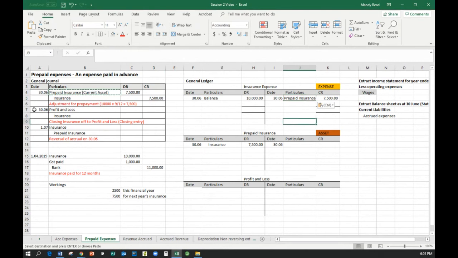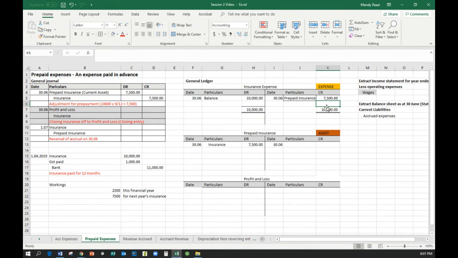Now remember, as per the previous example, this section here is not in your book, but I'm just explaining to you how it happens because it does happen before we do any reversing entries. We're going to balance off our insurance expense account by making sure that we post the amount of the expense for the year to the profit and loss account.